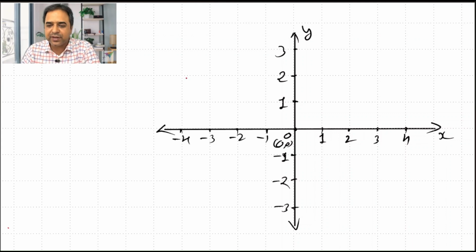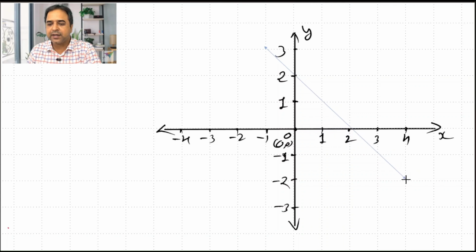So children, here we have taken one example. Now suppose I have a line which is passing through these coordinates, this way.